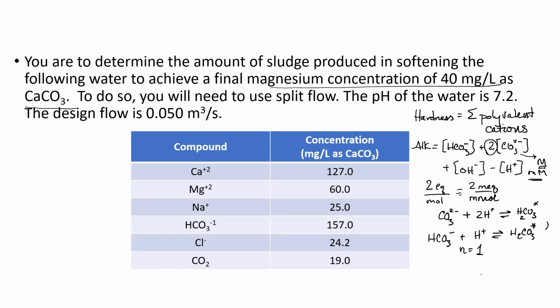Now, for this situation, you're told that the pH is 7.2, which means that the bicarbonate concentration is approximately equal to the alkalinity. So why is this the case? One, your pH is such that we're close to neutrality, so the concentration of H plus is approximately equal to the concentration of OH minus.